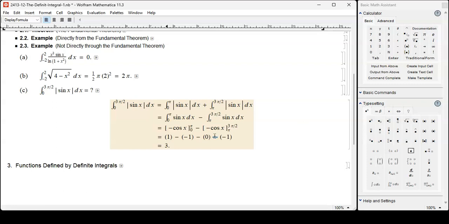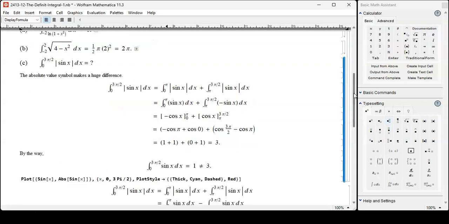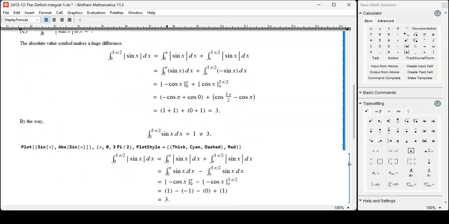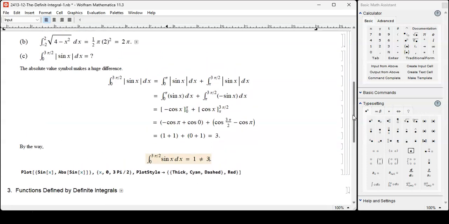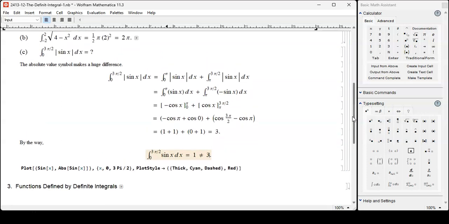Probably better written this way. Sign can be a little bit tricky, but if you are careful and calculate the antiderivative of just the sine function and apply the fundamental theorem, you're going to get just 1.